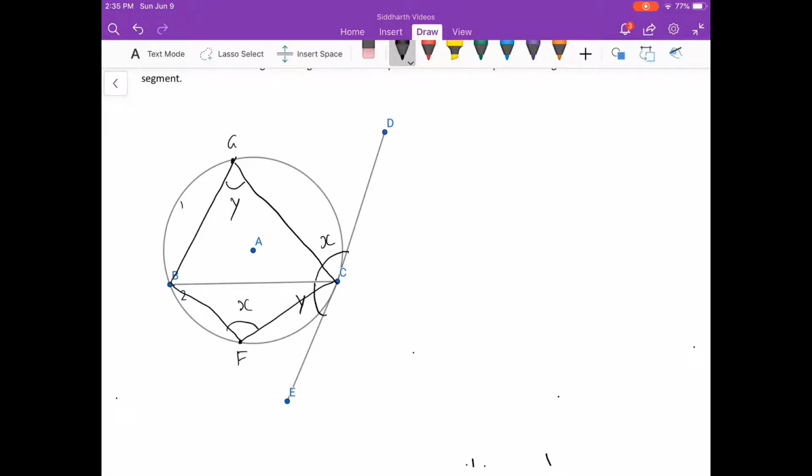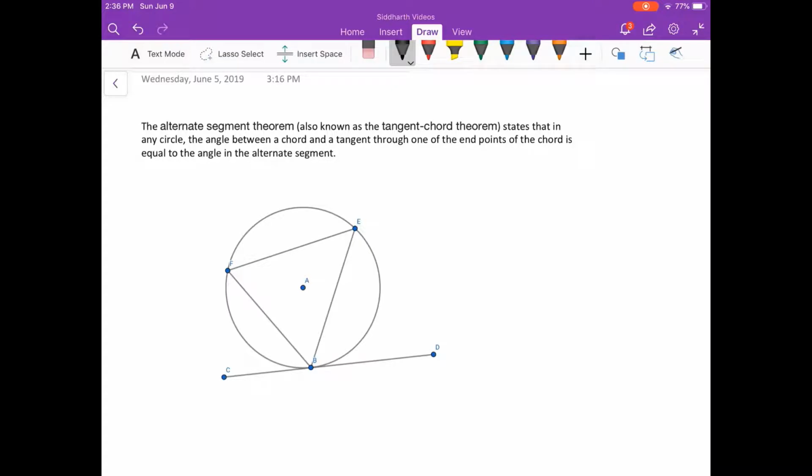Let's prove this. I have redrawn this diagram to make it easier to visualize. We have to prove that angle EBD is equal to angle EFB.